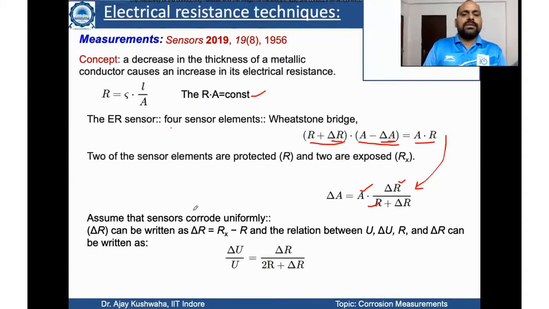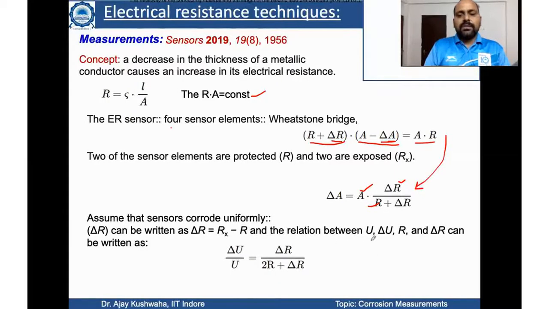Now assume the sensor corrodes uniformly. So delta R can be written as delta R is equal to Rx minus R. Basically, if uniform, then whatever the resistance change is happening, that is the difference, because one set is protected with the epoxy layer and one set is exposed in the environment. So whatever the difference between these two, that is equivalent to the change in the resistance that we are getting.